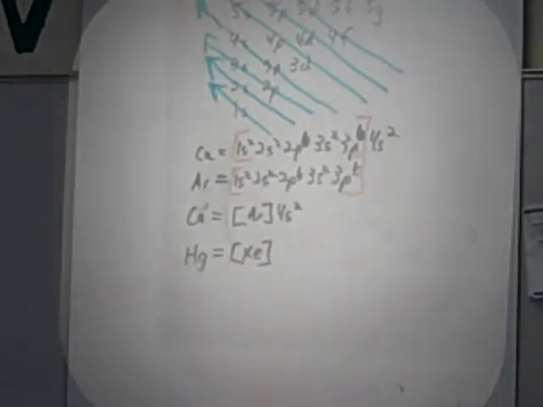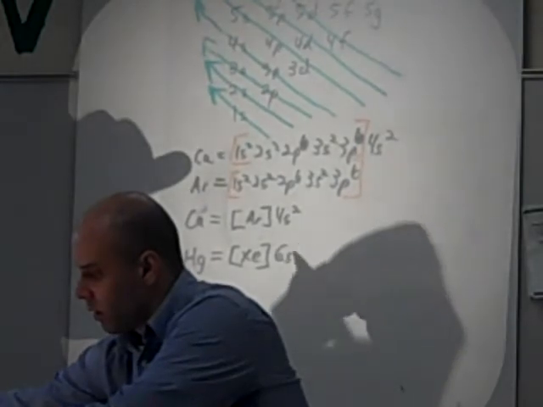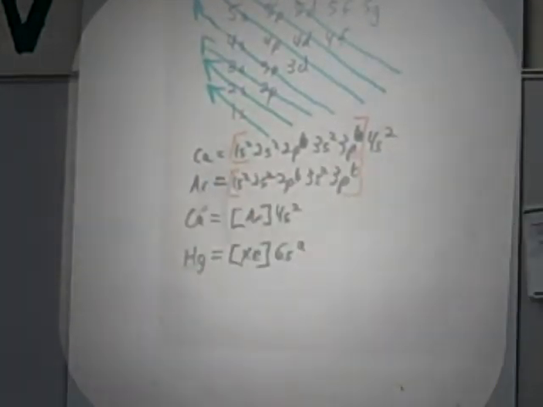So then we start in row 6. This is the S block, right? So it goes 6s1, 6s2, and then we enter the D block. But remember, the D block is one less.